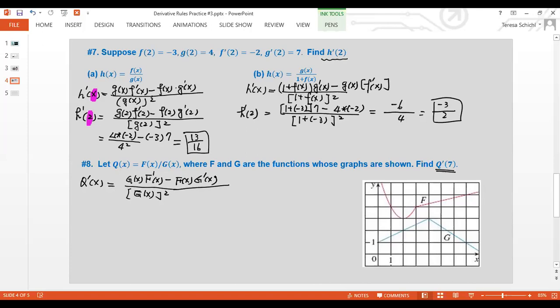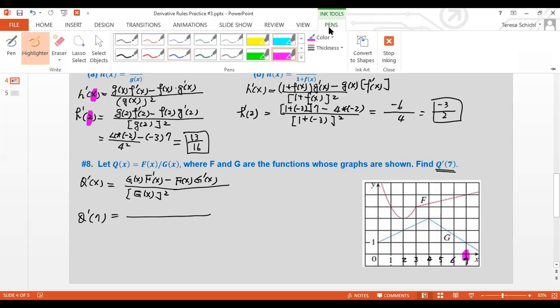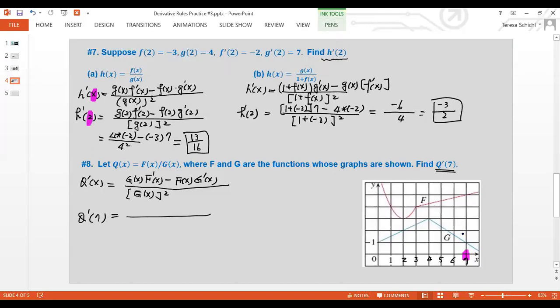Now you need to replace the X with 7, okay? G of 7, let's take a look here. So this is 1, 2, 3, 4, 5, 6, 7. So this is the point 7, all right? Now G of 7, that's on the graph of G, so G of 7 is here, correct?